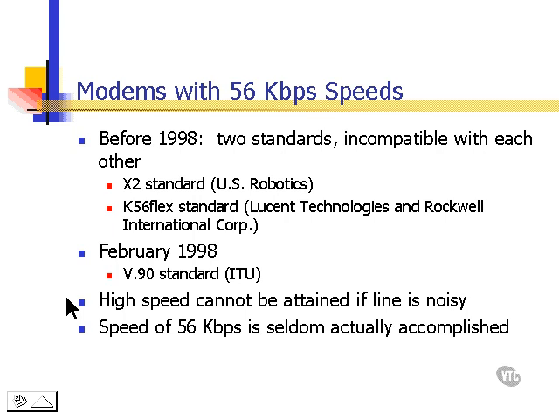In other words, if there's a lot of interference on the line, then we're not going to get the performance all the way up to the potential of the modem. So a speed of 56 kilobits per second is seldom actually accomplished on a telephone line.